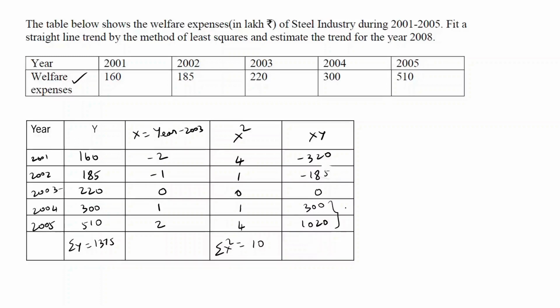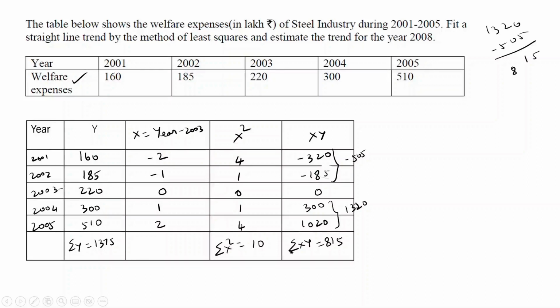So when we add these two, this is 1320, and then when we add these two, it is minus 505. So 1320 minus 505 is 815. So summation XY is 815.